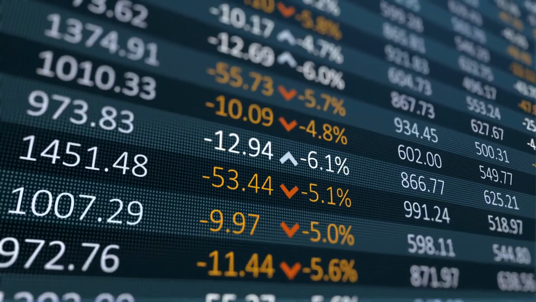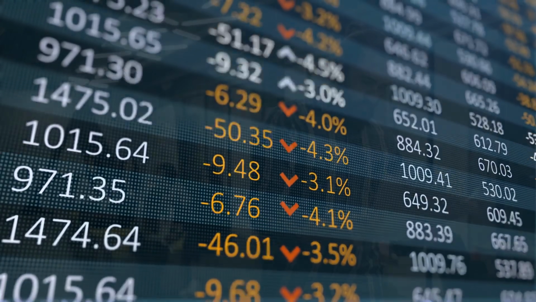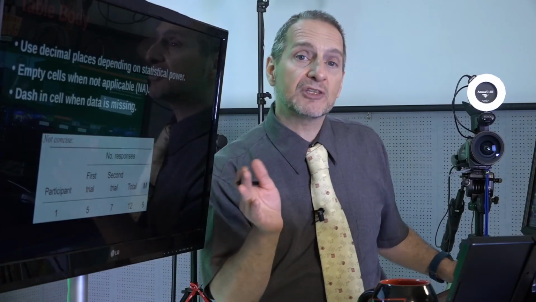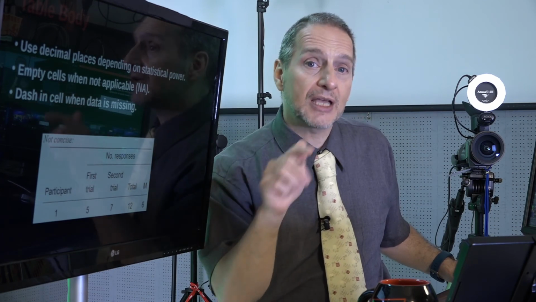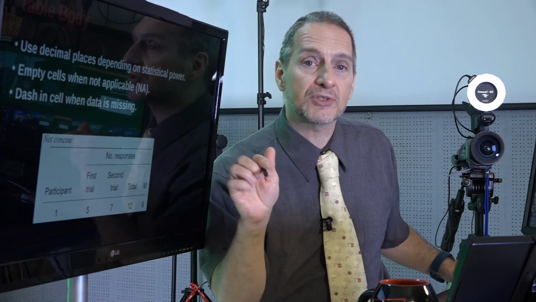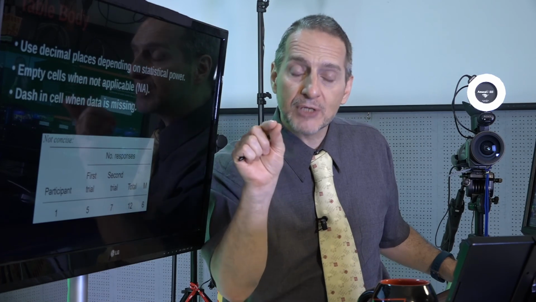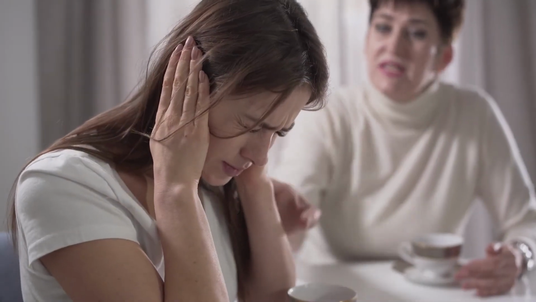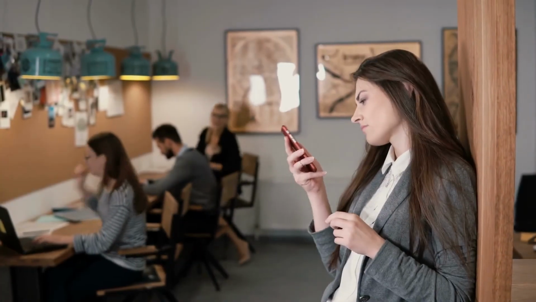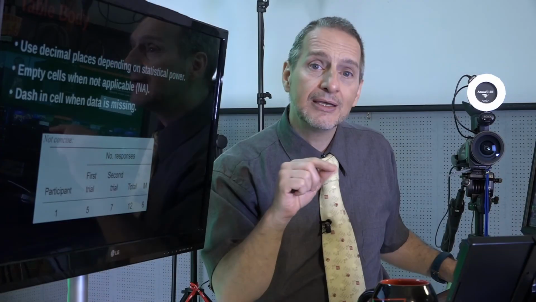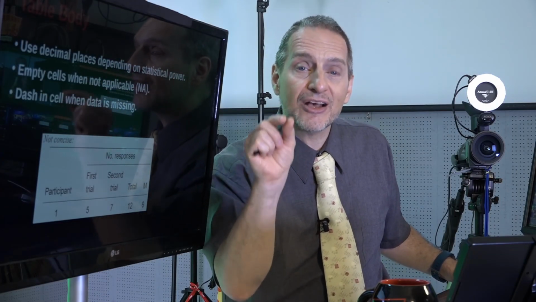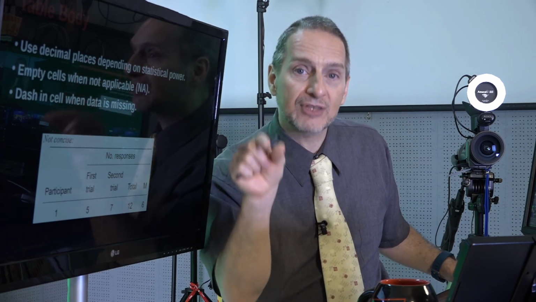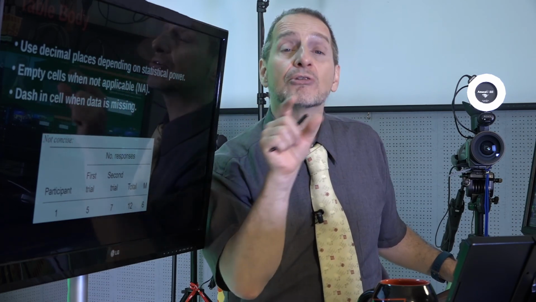Usually what we have is a space where we should have data, but somehow we didn't collect any data. A very good example of this would be you have many subgroups, and you have many different variables. And of course, there's a chance that some people did not answer some questions, or some people did not perform some test, or did not react in some way. In that case, that's not an empty cell. That's a cell where you should have data, but for some reason there is no data.